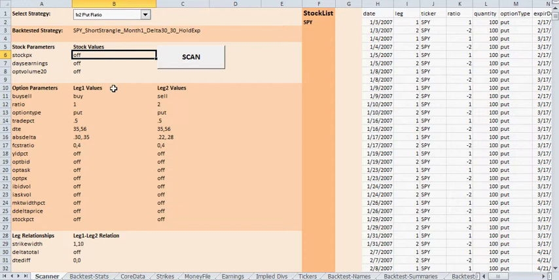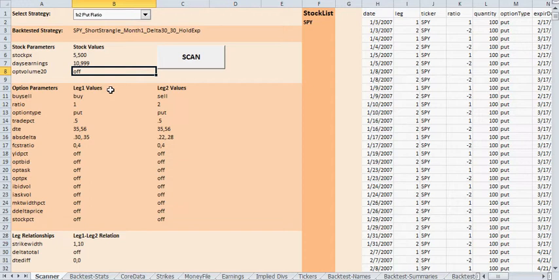If I were looking at stock prices, I might put a minimum and maximum in. So I would put maybe a $5 minimum, comma, $500 maximum is how that would look. If I wanted to filter on days to earnings, let's say I didn't want to trade anything unless it had at least 10 days to earnings, and then I might say however many above that.